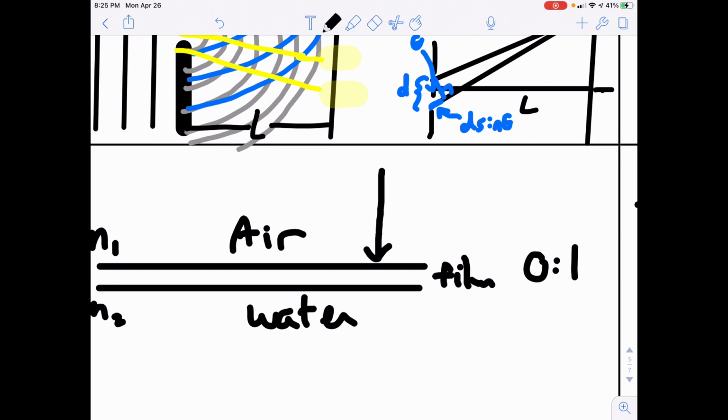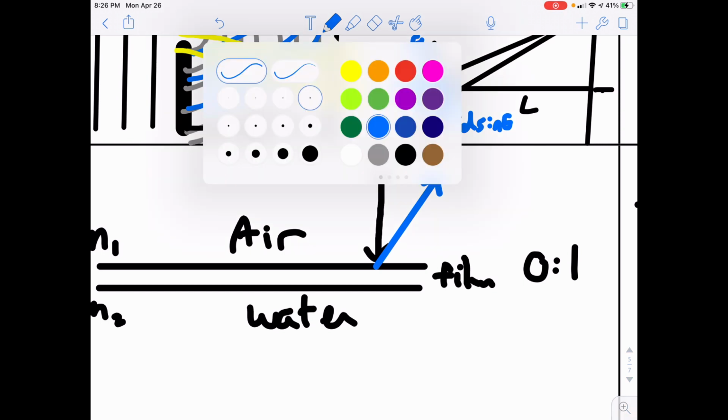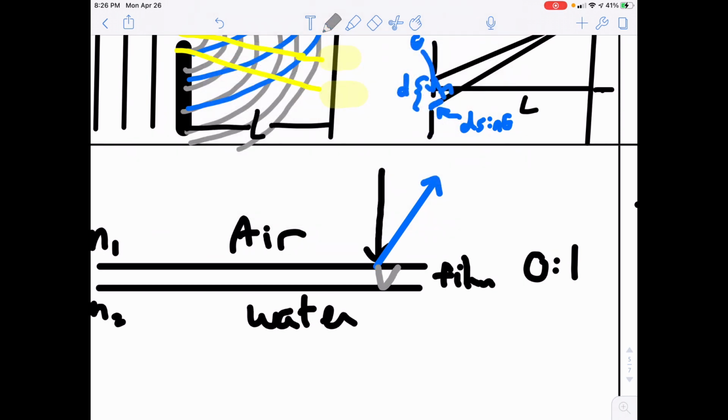It'll always be normal to your thin film. And what's going to happen is it's going to reflect in a couple ways. Off the top layer, it's going to reflect, and off the bottom layer, it's also going to reflect.